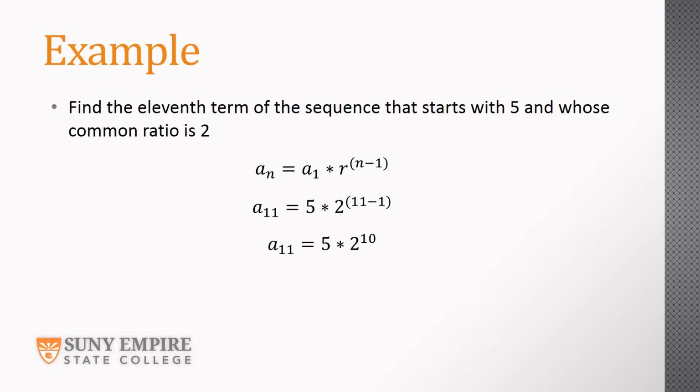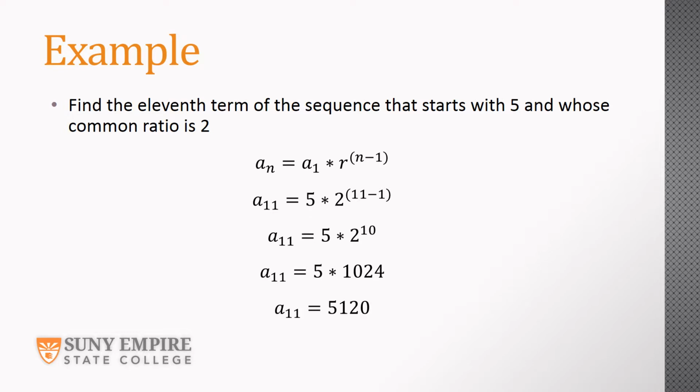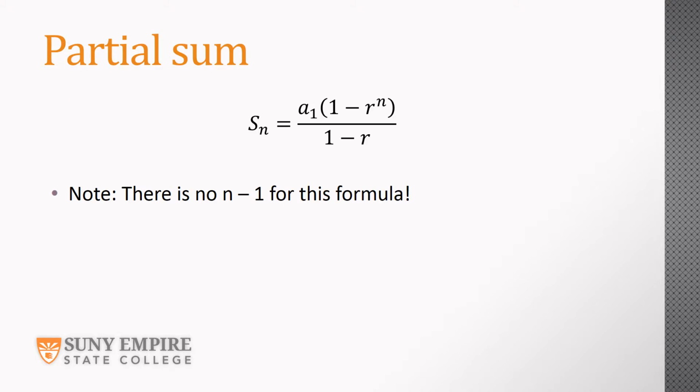Subtracting, we have 5 multiplied by 2 raised to the 10th power. This leaves us 5 multiplied by 1024. And we find that the 11th term of this sequence equals 5120.